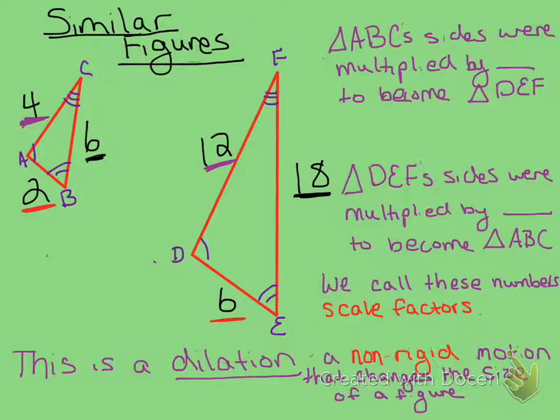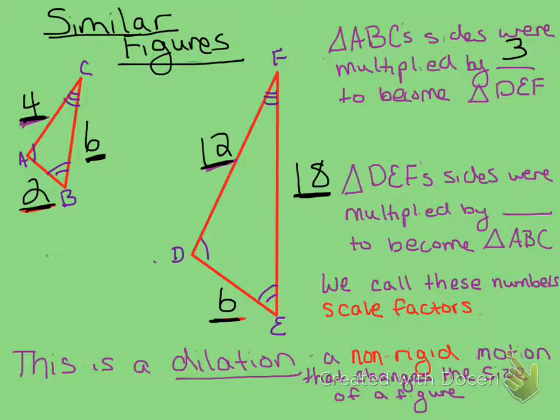So we've got 4 turning into 12, 2 turning into 6, and 6 turning into 18. All of ABC's sides were multiplied by 3 to become triangle DEF. That means that the sides are proportional. They were all multiplied by the same number.